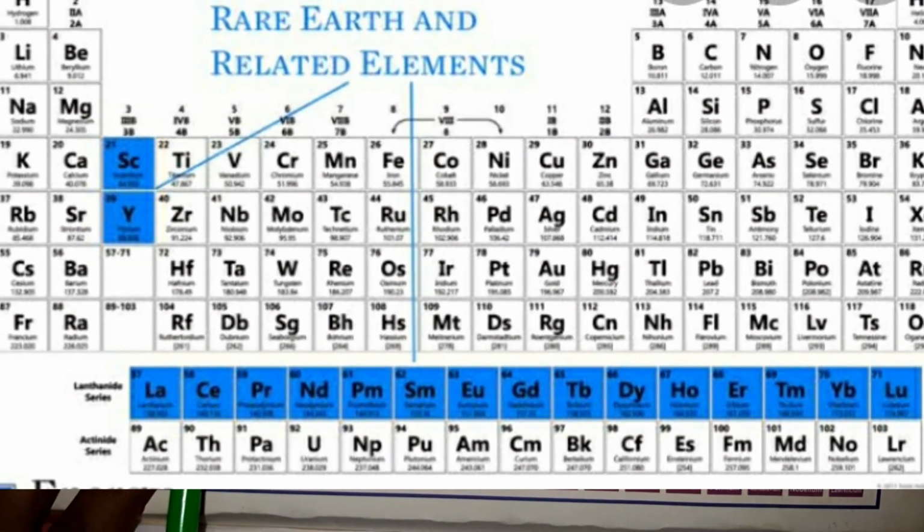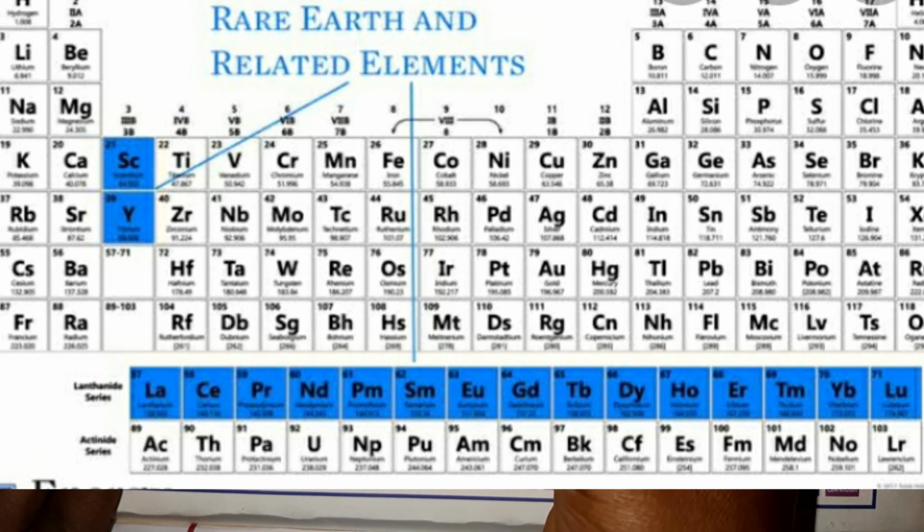We have a few more elements, children, called rare earth metals, that is scandium, yttrium, lanthanum, and from cerium to lutetium. So these are considered to be rare earth metals. Understood, children? So scandium, yttrium, lanthanum, and from cerium to lutetium, that is from atomic number 58 to 71, then 21, 39 and 57.